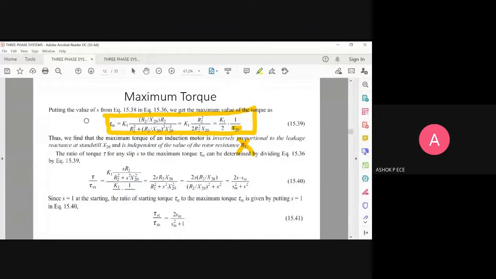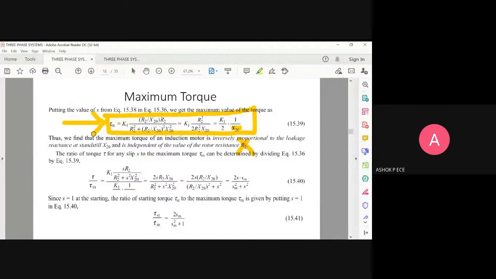Why are we deriving all these conditions? While manufacturing the motor you will consider all these conditions. While putting the winding inside the rotor, we will use a coil which has minimum reactance. If you keep a coil with high reactance in the rotor, the maximum torque cannot be produced. Only when maximum torque is produced can the motor run fast. All these conditions are considered while the motor is being manufactured.